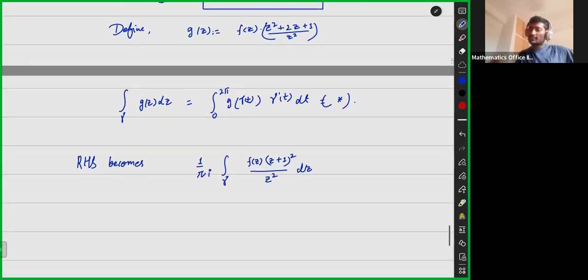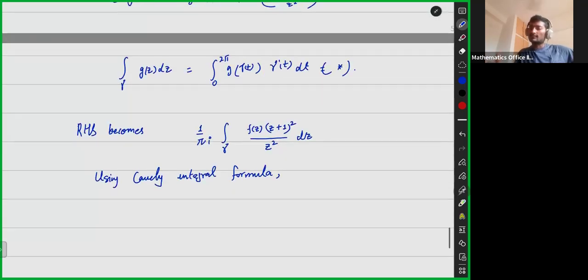We multiply and divide by 2. That is kind of unnecessary. But using Cauchy integral formula, what we get? 1 upon 2 pi i dz, or we have taken all of this. So the integral formula for f prime.